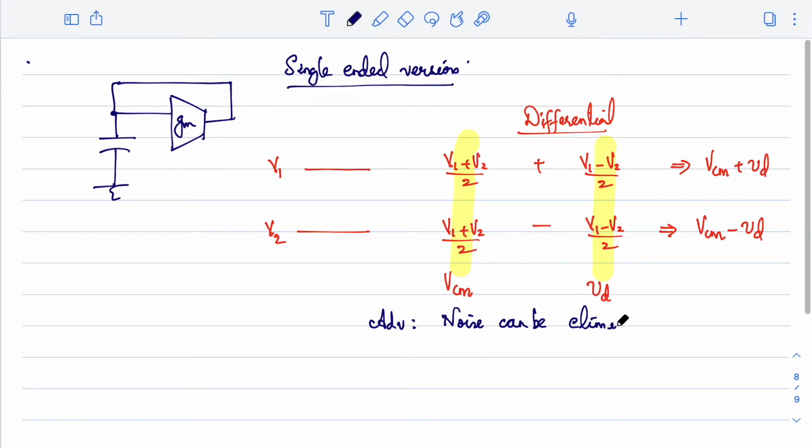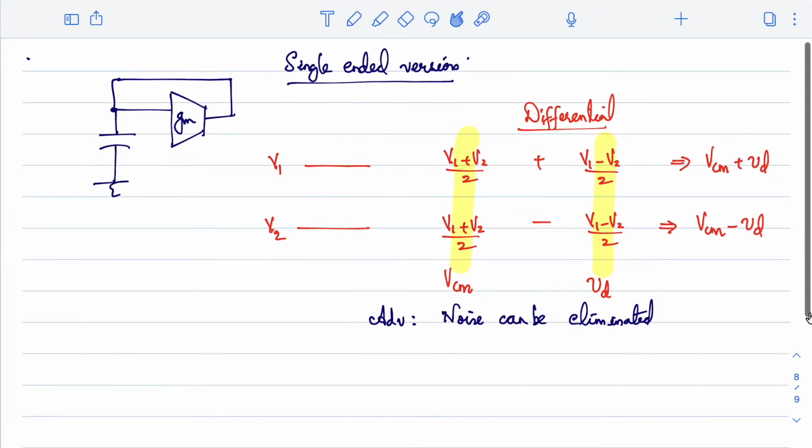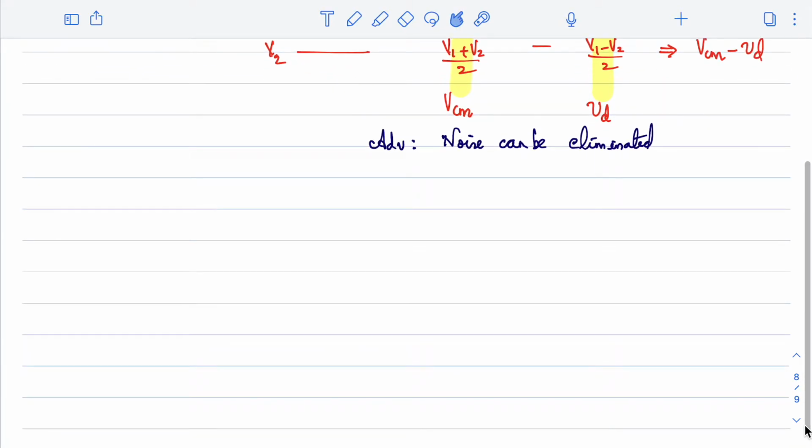So now, with the single-ended version of a comparator that we discussed, let us see how we can develop this into a differential one. Previously, we were looking for a voltage delta V which is greater than 0 or less than 0.